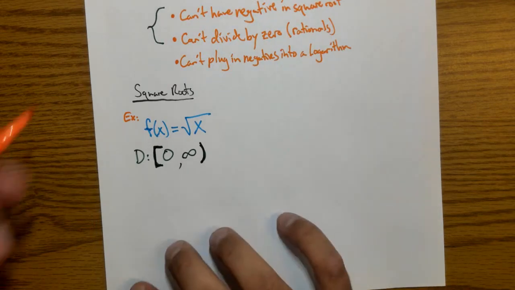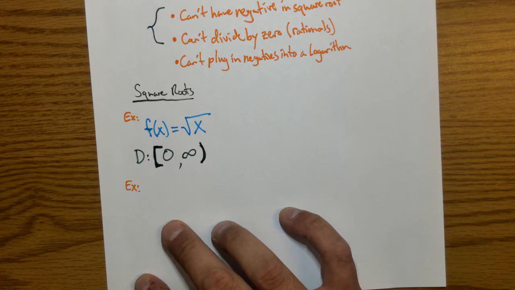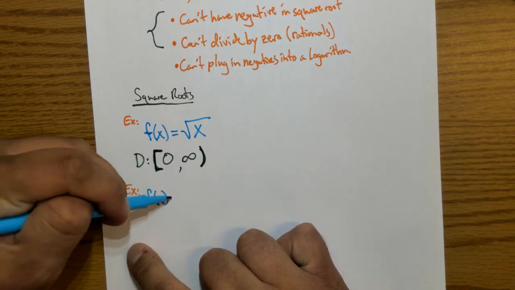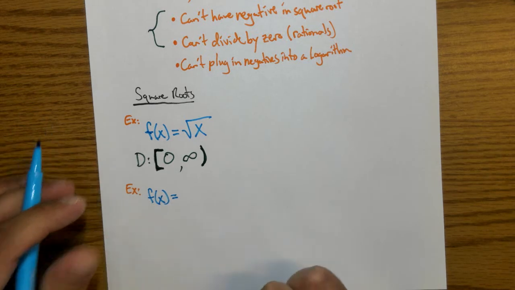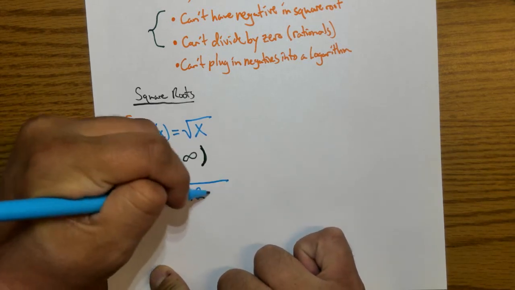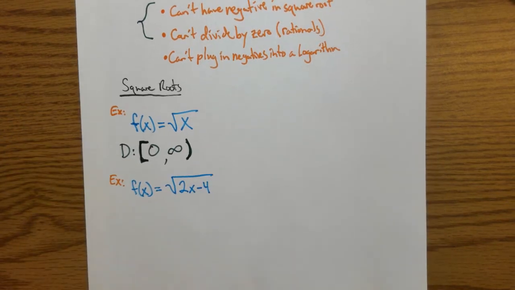Let's talk about another one here. Let's say that I have f of x is equal to the square root of 2x minus 4. And I want to know what numbers can I plug in so that I'll still get positive values or 0, right? I don't want to plug in numbers that'll give me a negative here.